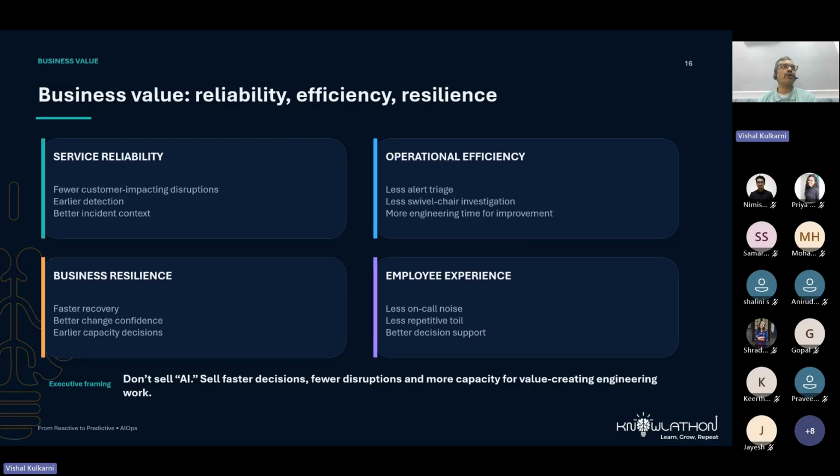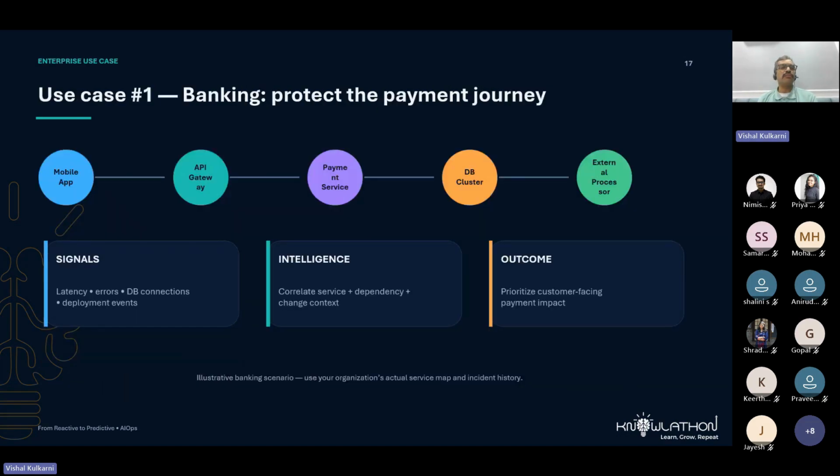Less repetitive toil and better decision support need to be reflected substantially over a period of time, right? So this is all about selling it faster, making better decisions, taking more corrective actions, and typically allowing organizations to realize more profits substantially over a period of time.